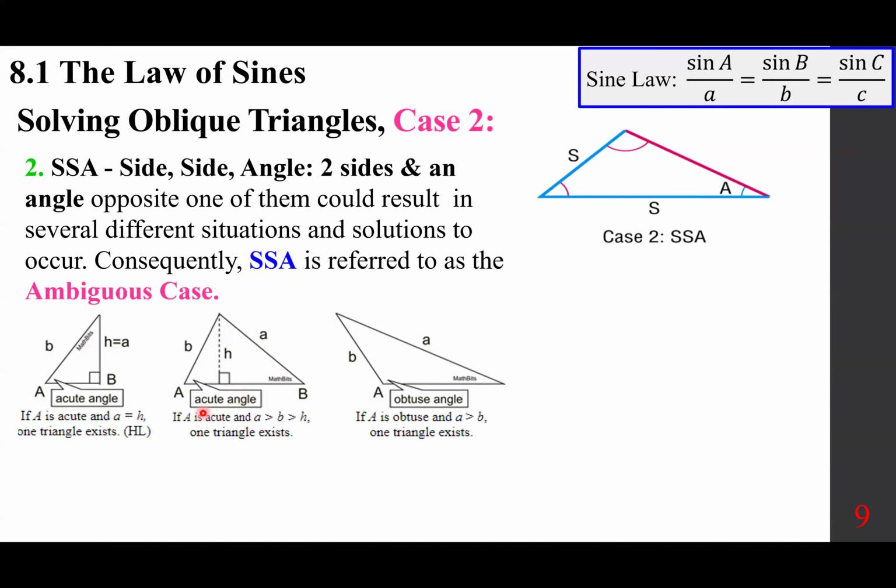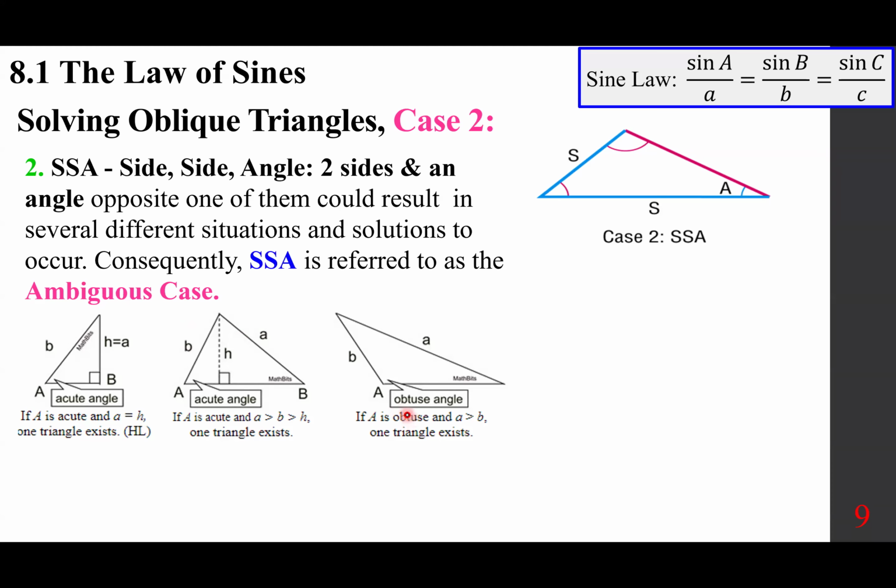In this case, if A is acute and b is larger than h, and h is larger than a, so in other words, a is the smallest side and then b, and h is in between, one triangle exists. So h, in other words, is smaller than both of them.